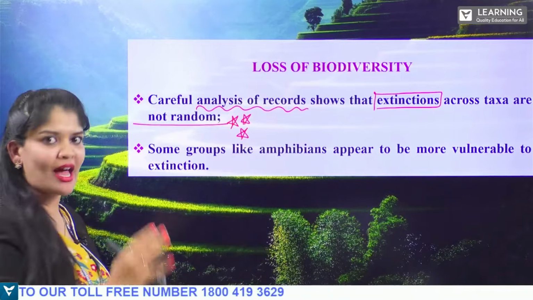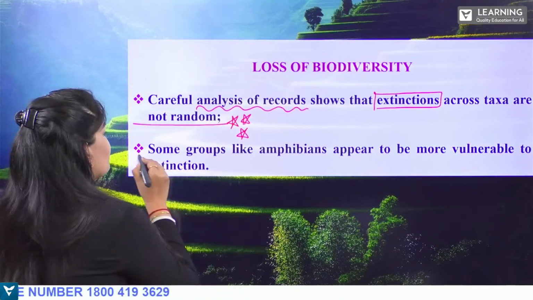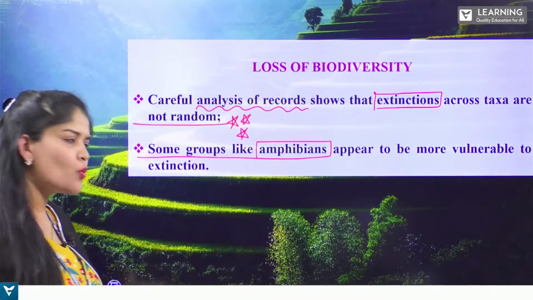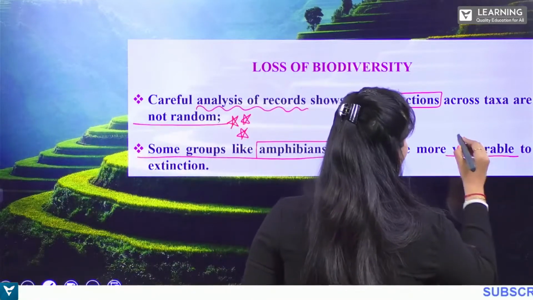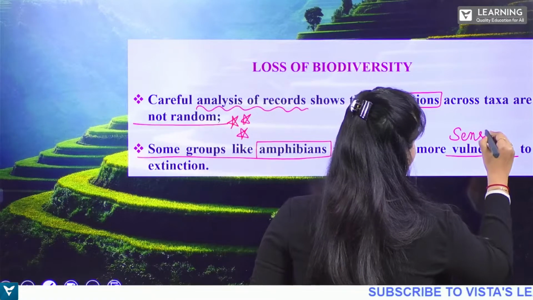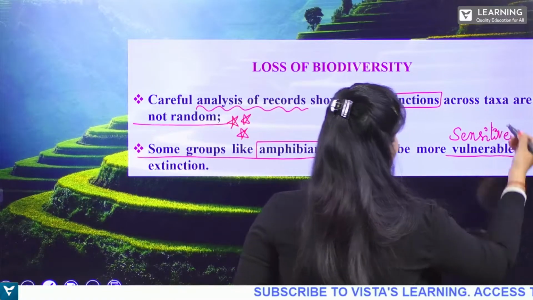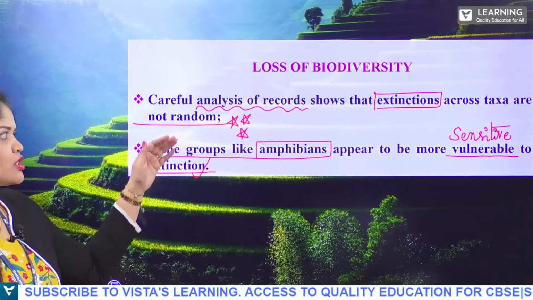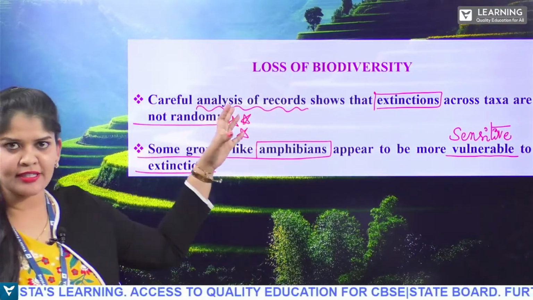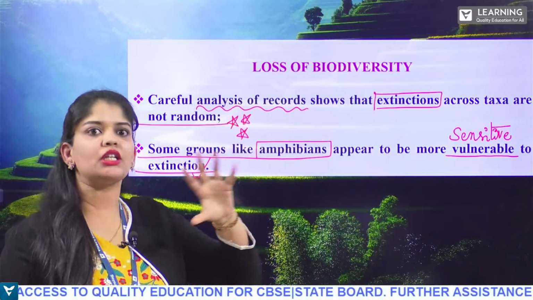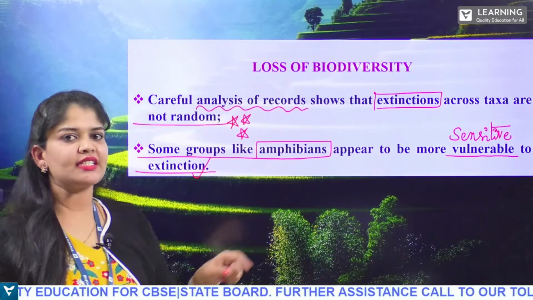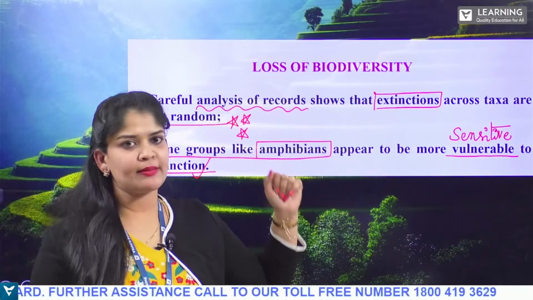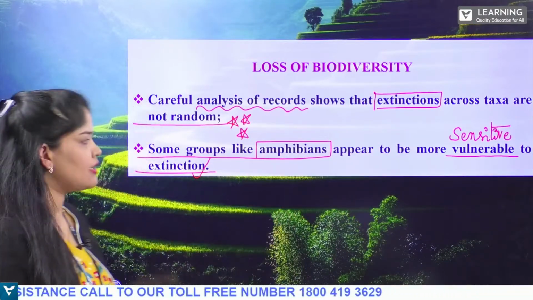They follow some pattern, in that some groups of animals like amphibians appear to be more vulnerable, more sensitive to extinction. The pattern of extinction is no more random. It is following a particular pattern, and in that we can say the amphibians are more vulnerable towards this extinction.